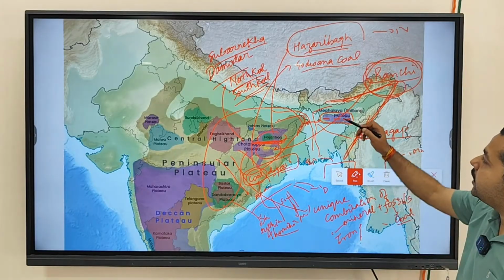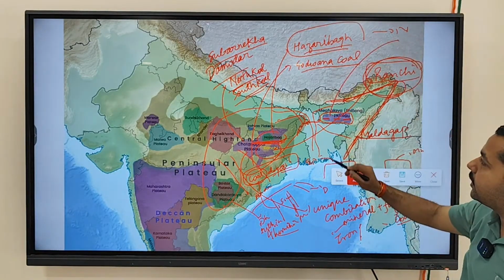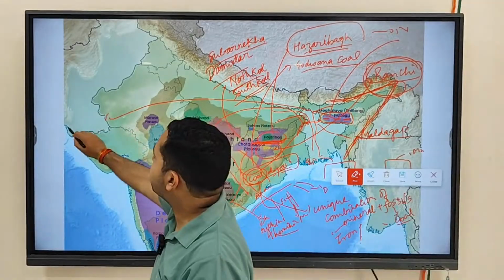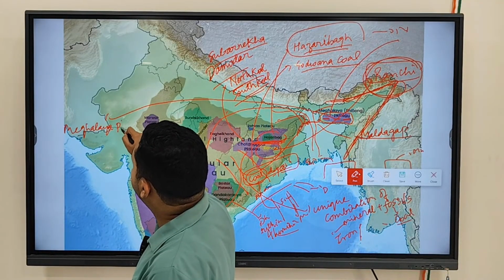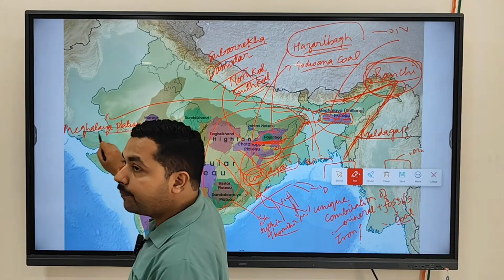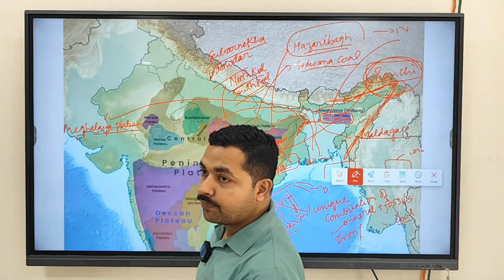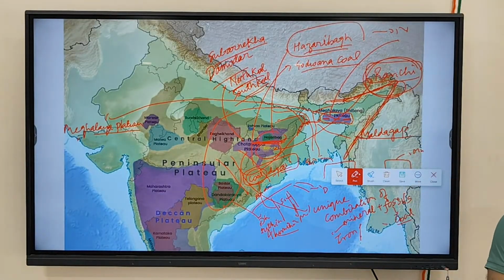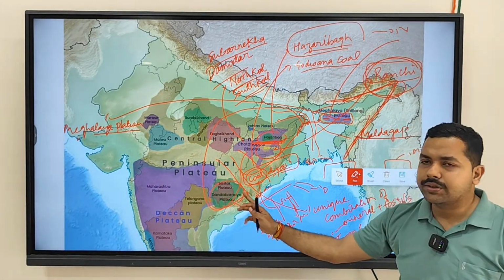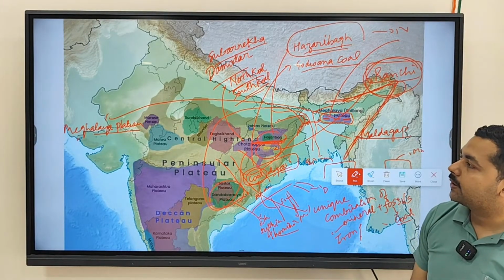Fine. So you find three important hills in the Meghalaya region. Rich in aluminium, yes, that you can write. And the other thing is that it is a plateau region rich in minerals and so on. Keep that in mind. Clear?